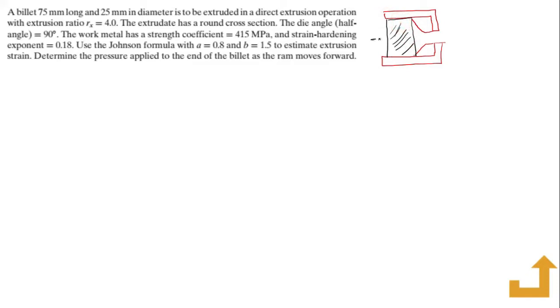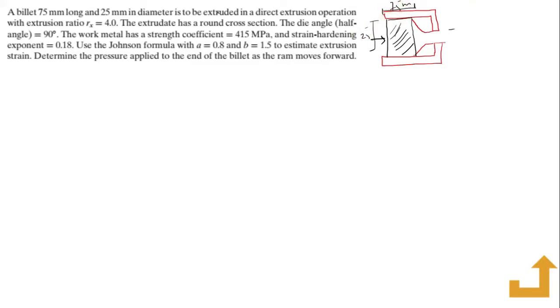Right. So it's a direct extrusion, so it is being pressurized from this direction, and it will extrude out from this one. So it says a billet that has a 25 millimeter diameter. This diameter would be 25, and this length would be 75 millimeter.